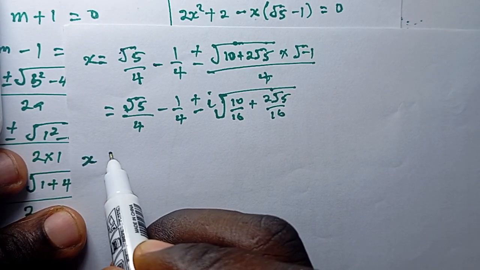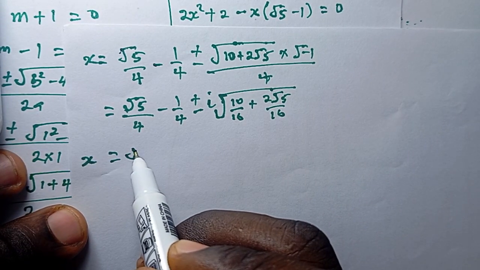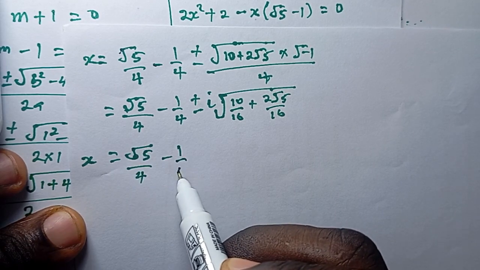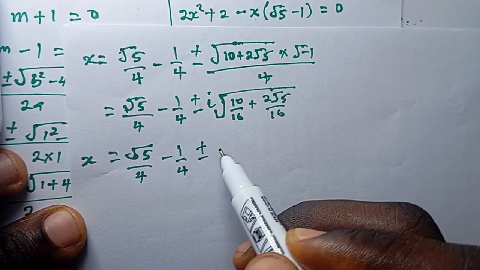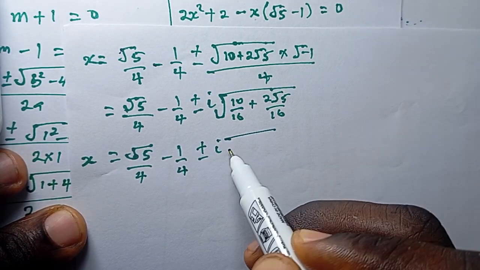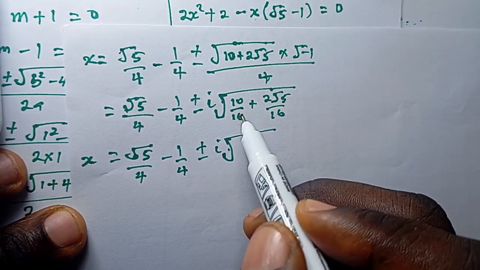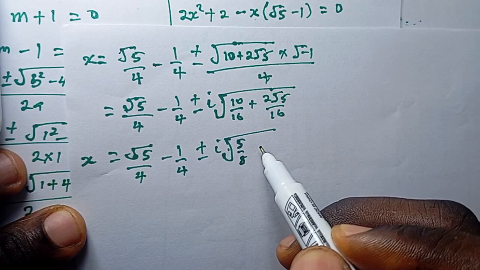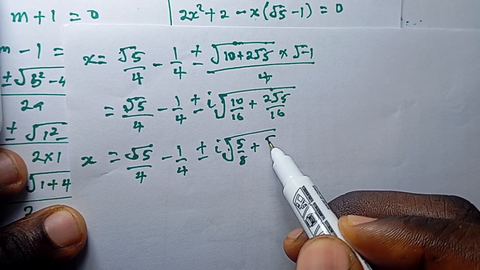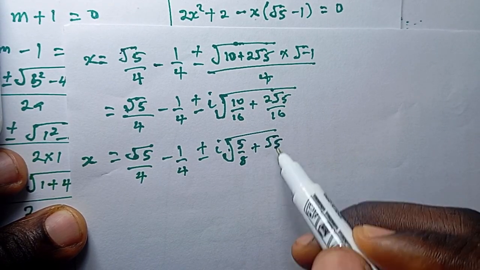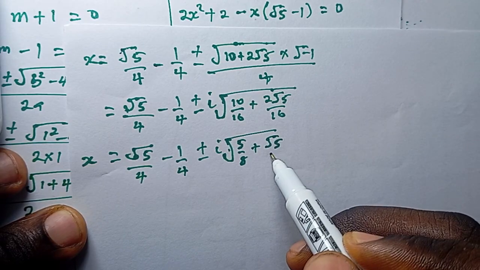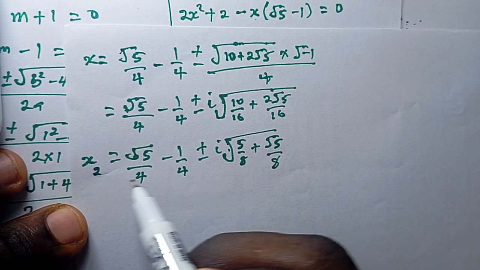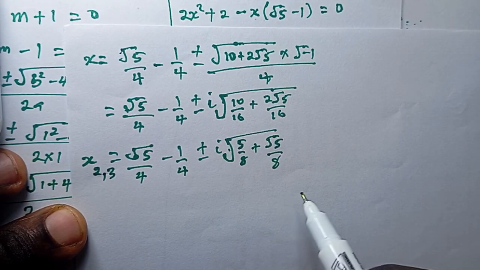So that eventually our x now becomes root 5 divided by 4 minus 1 over 4 plus or minus i into root of 5 over 8 plus root 5 divided by 8. So this is actually going to be the second value and the third value of x.